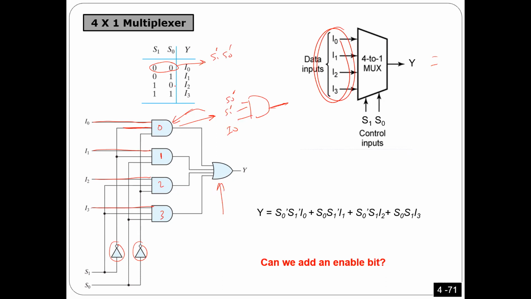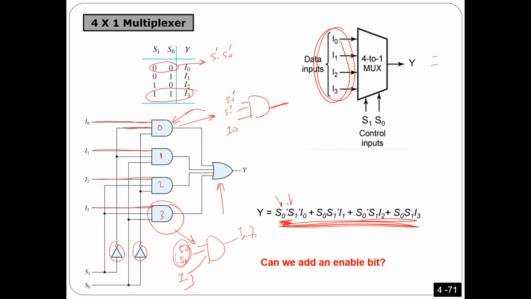Same thing for the other ones. For example, if I want to design the last one, the inputs are S0, S1 with no prime, and then I3, so that when the input is 1 and 1, I get I3 here. If you do it this way, this is the output I get. In case of 0, 0, it is prime, prime, and then I0.